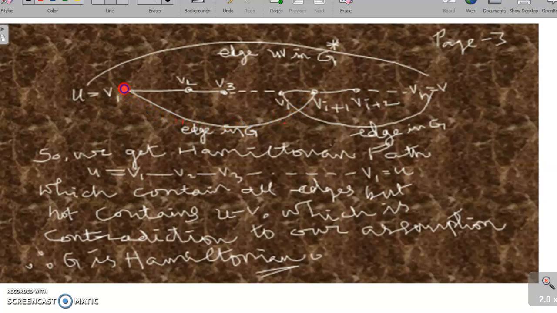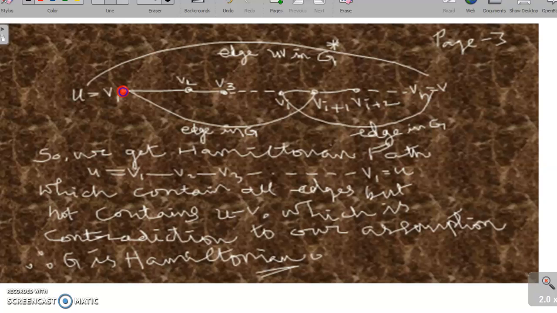What do I get? A Hamiltonian path I am getting. Okay, the graph is Hamiltonian because starting from the vertex and moving like this, then it is going like this, then it is coming again to this particular part, and then coming here and going to that particular vertex. So it is a Hamiltonian.